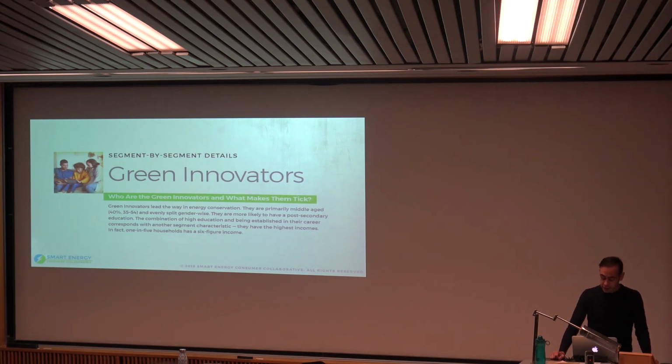Green innovators are leaders in terms of adopting energy efficiency products. They're very well educated. They feel comfortable with technology. They have high income. And they basically are green, as the name suggests. So there's not a whole lot of effort to make them adopt new technology that will save energy use.